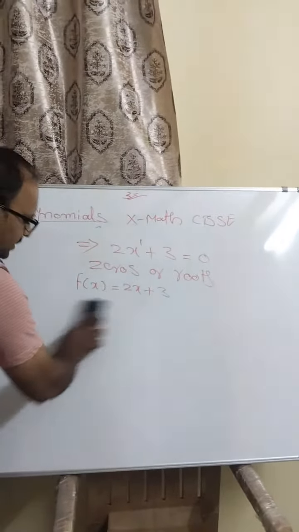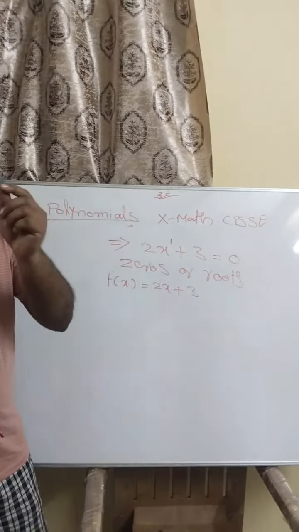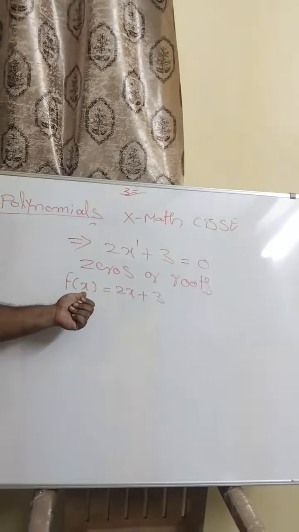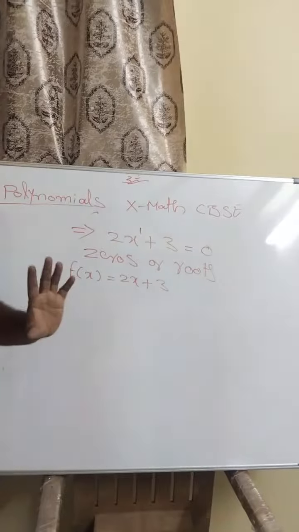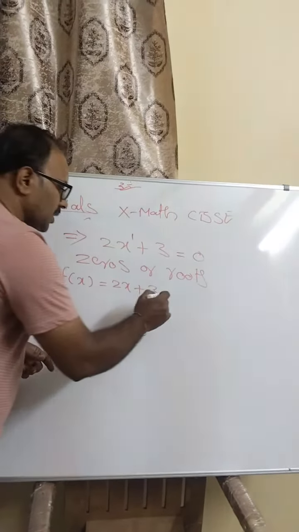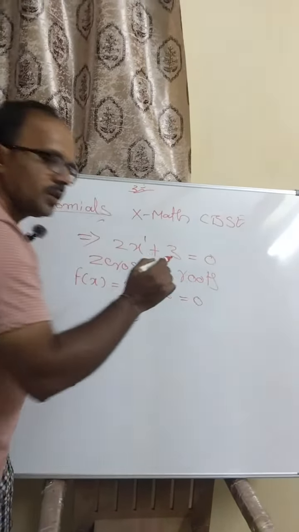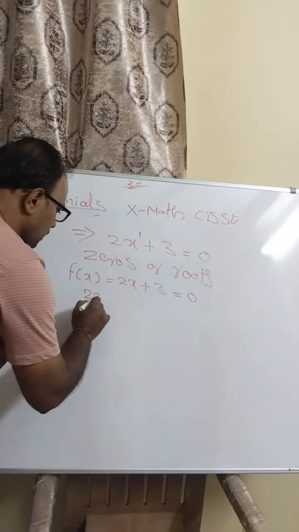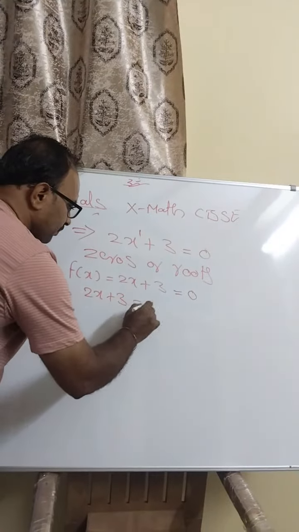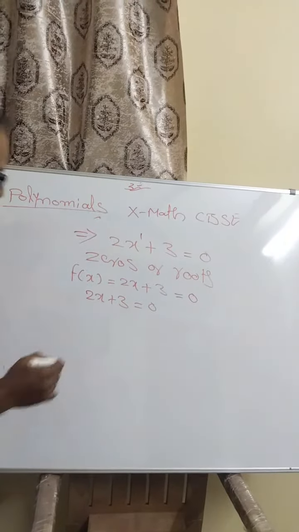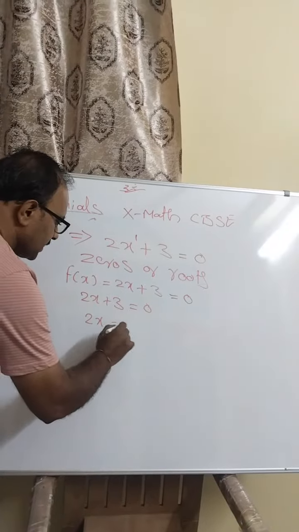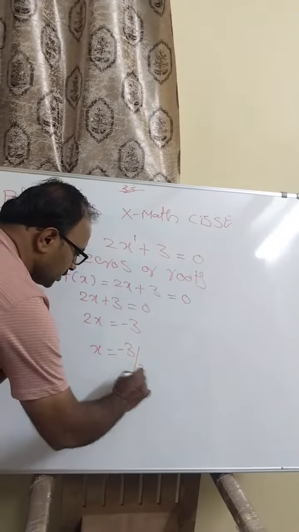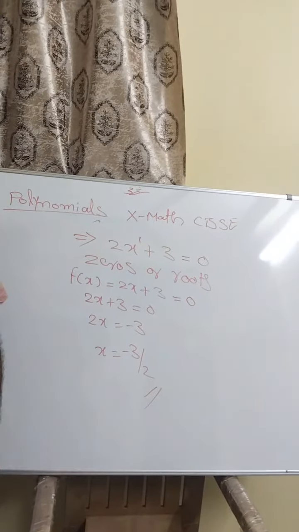The point is at which value of the variable the function f of x becomes 0. Directly, you equate the function to 0. So we have 2x plus 3 equal to 0, which means 2x equals minus 3. Therefore x equals minus 3 by 2.